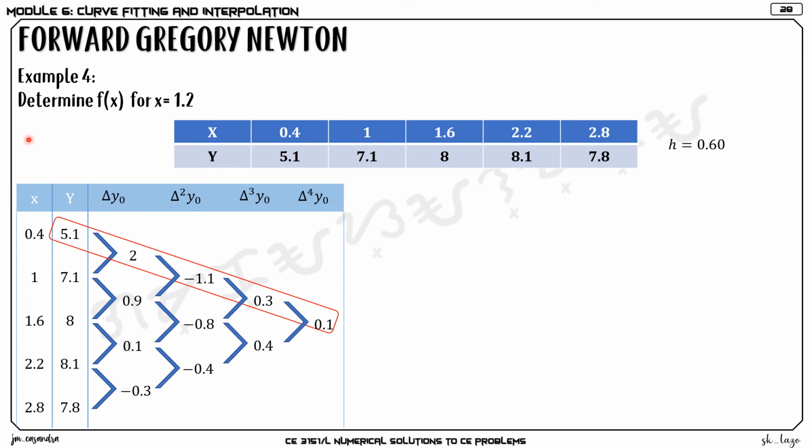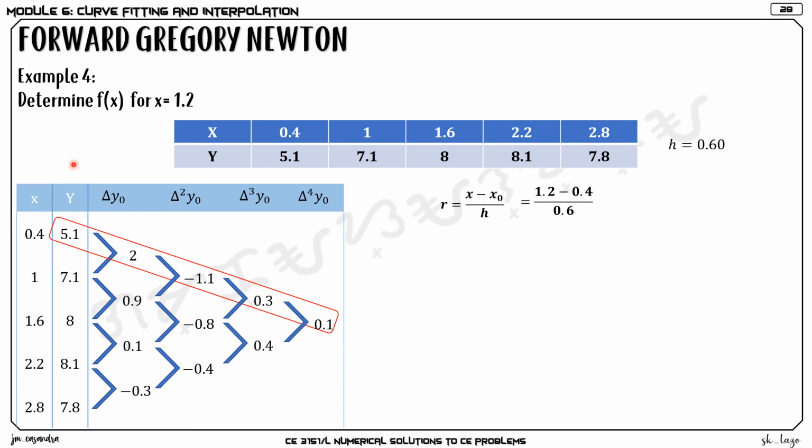So next, we solve for h, and we could check that for all values of x, it is equal to 0.6. So basing now our solution with our first entry, which is 0.4, we have r is equal to x minus x sub o all over h, wherein x is equal to 1.2, x sub o, which is the first value of x, is 0.4.